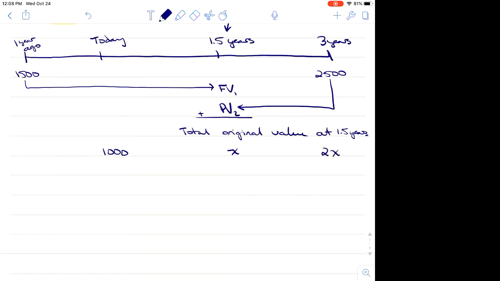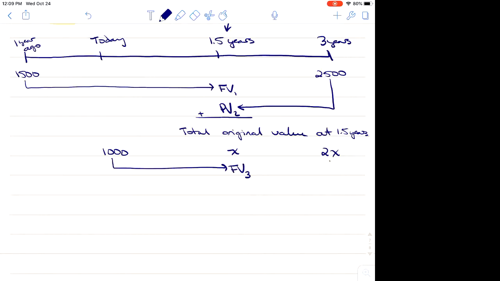Got too messy. So my focal date stays the same. So I'm going to draw this $1,000 to some future value 3, calculating that third.